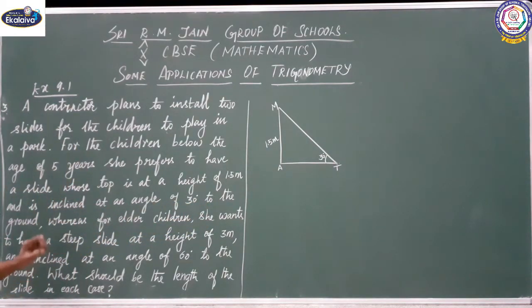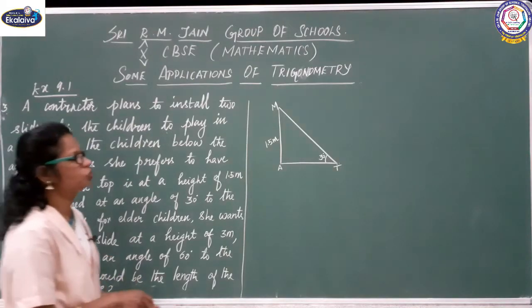One slide is over. Another one for elder children, that is above 5 years. She wants to have a steep slide. Steep means somewhat height, at a height of 3 meter and inclined at an angle of 60 degree.